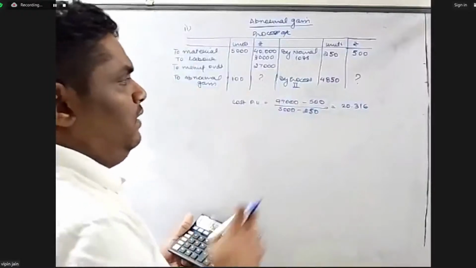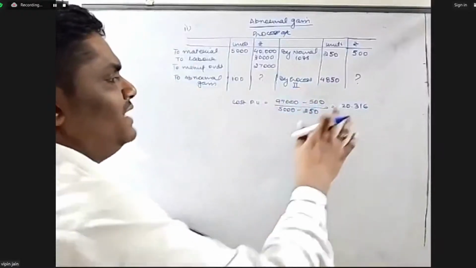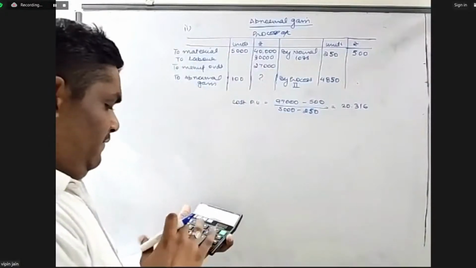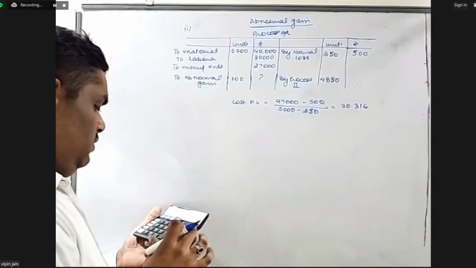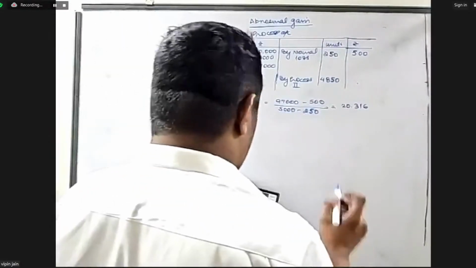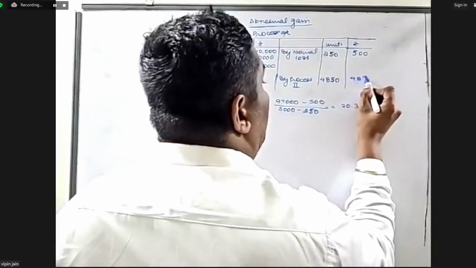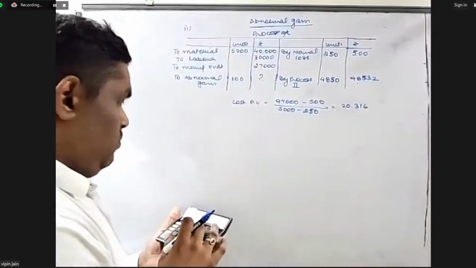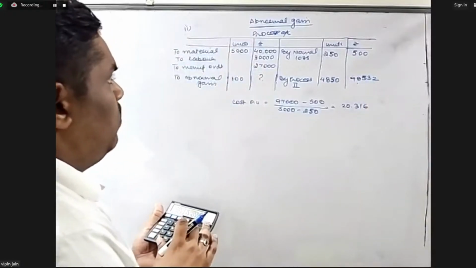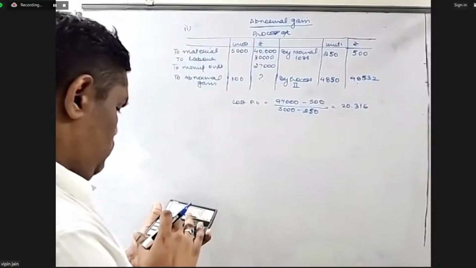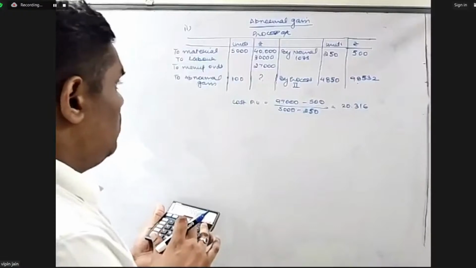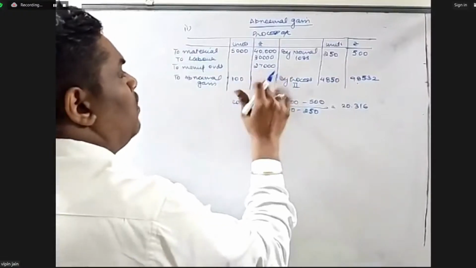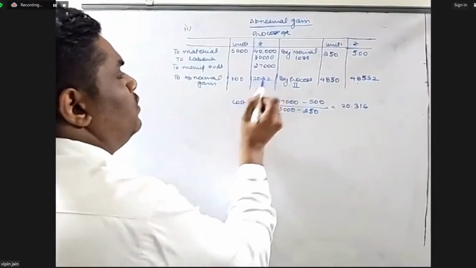So the value of units that are transferred to the next process will be how much? Into 4850. So this will be 2032.